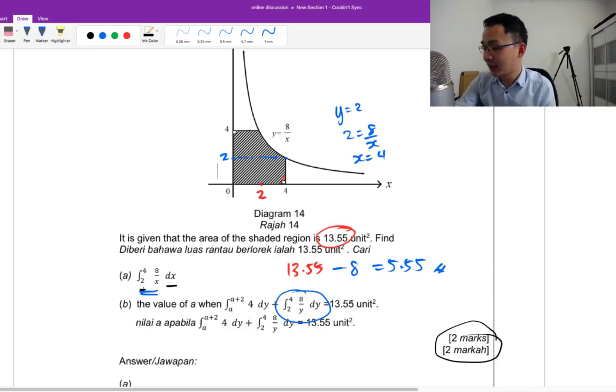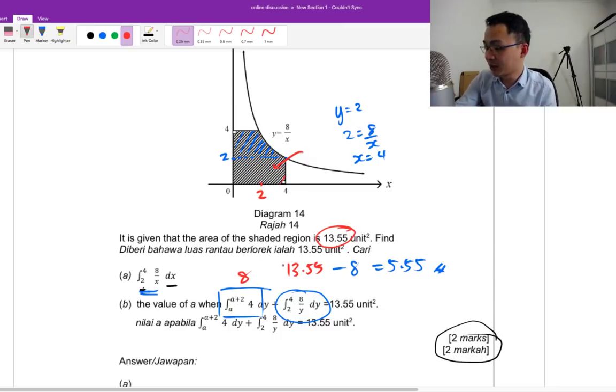So now from 2 to 4, that means it is this area. Okay, from 2 to 4. So basically if from 2 to 4 is this area, so we know that this one should be the rectangle at the bottom, which is 8, because 2 multiply 4 is 8.